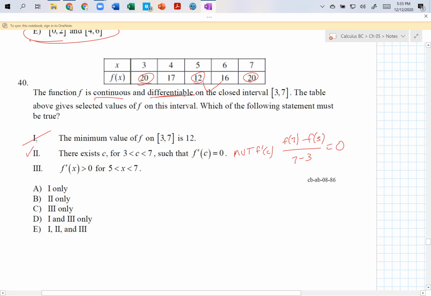I'm going to give that a check mark. F prime is greater than 0 from 5 to 7. Well, that assumes that it's always increasing on that interval. And while these numbers do, 12, 16, 20, increase, there's nothing that says that it can't decrease then increase. I don't think that's necessarily true. So I'm going to go with B only.